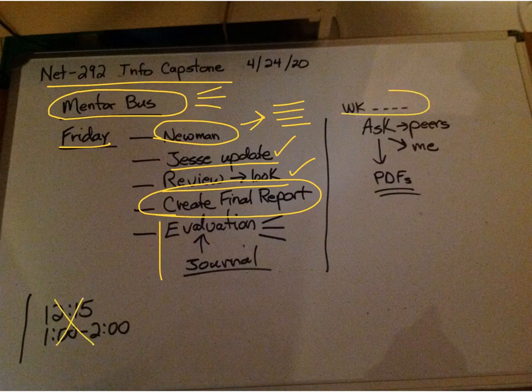Now, during the week, if there's things, you say, well, I'm doing this report, these are some things we worked on together, I've got some questions, shoot them out to your peers, okay? Or if you have specific questions that you want me to answer, just shoot me. And make sure when you turn everything in, or when you give me copies, make sure they're PDFs.